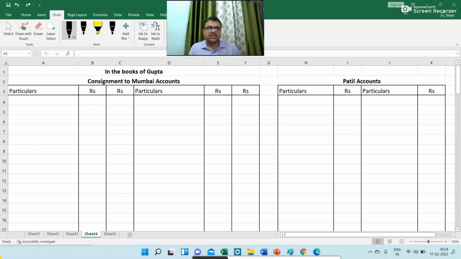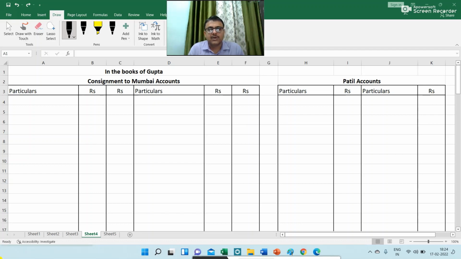Now, what is the first line given in the question? Gupta of Delhi consigned 1,000 tins of oil to Patil of Mumbai, and each tin contains 10 kg of oil. So the total quantity of oil sent to Mumbai is 1,000 multiplied by 10 kg, which means 10,000 kg of oil was consigned to the consignee, Mr. Patil.